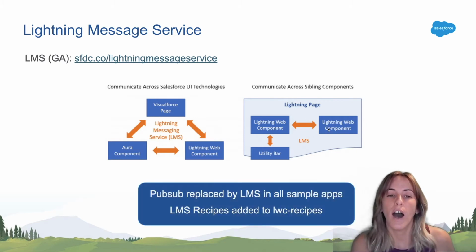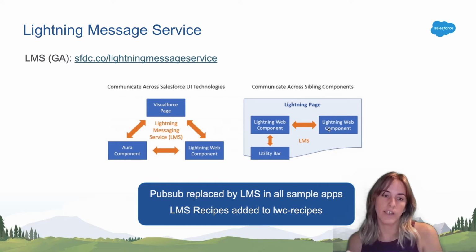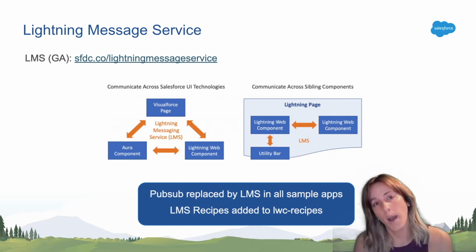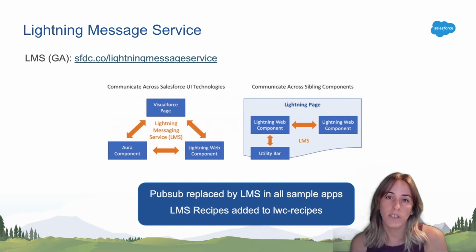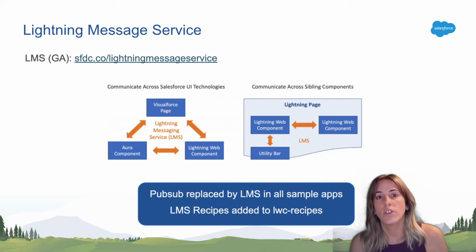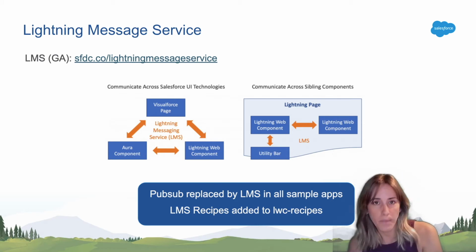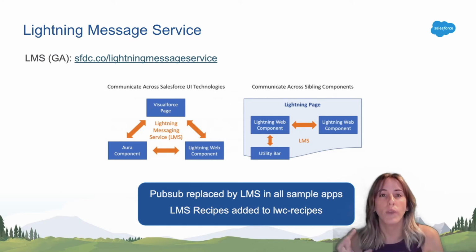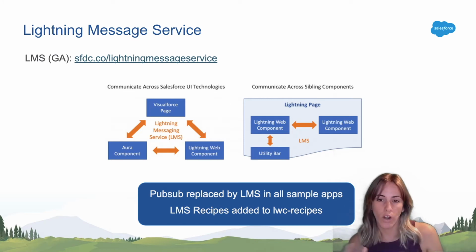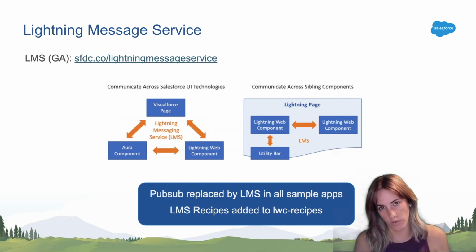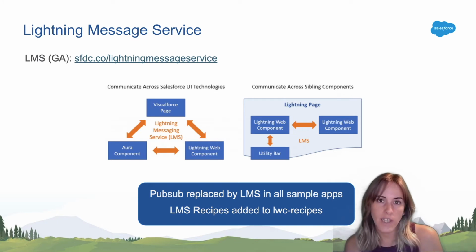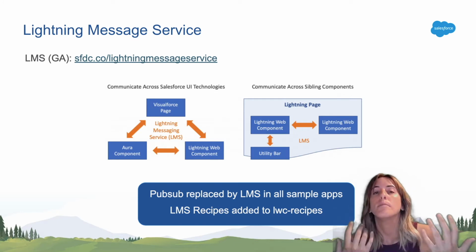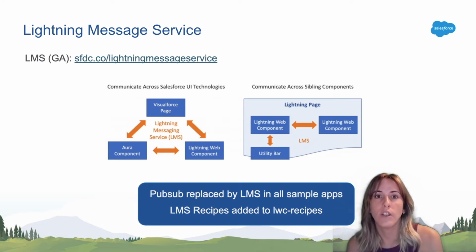So what we have done in the sample gallery apps regarding Lightning Message Service is to replace the usage that we were doing of PubSub, which was the component that we created to allow intercomponent communication before having Lightning Message Service, and we have replaced it by Lightning Message Service in all the sample apps.